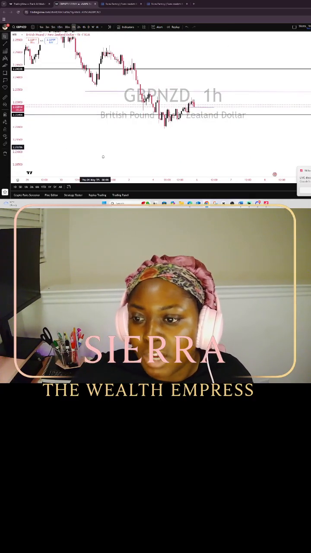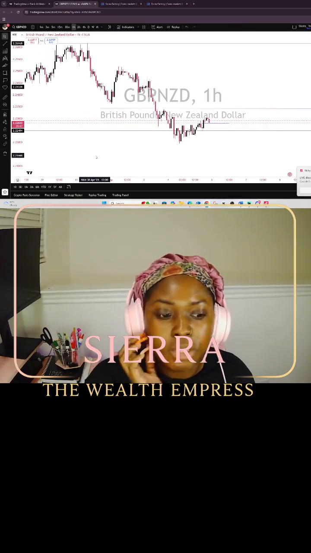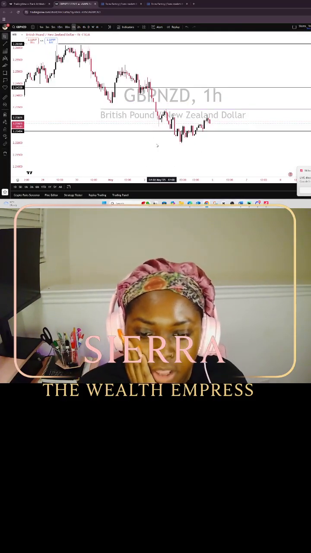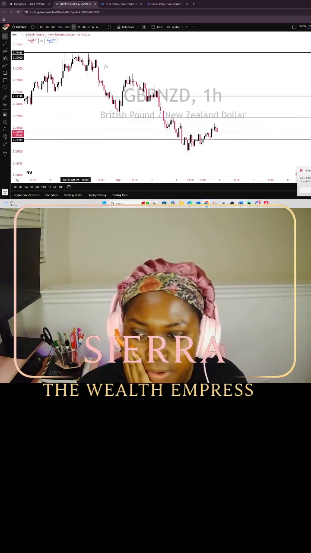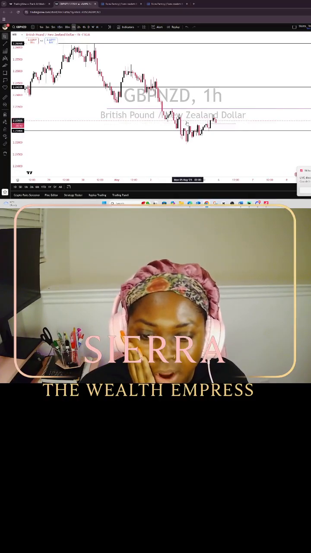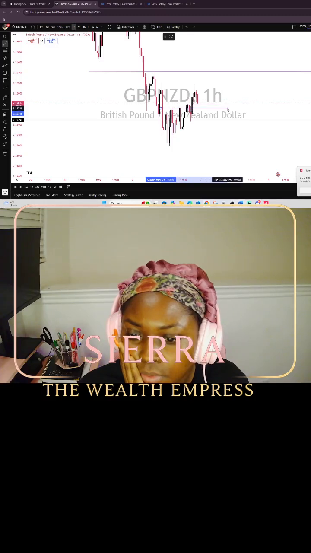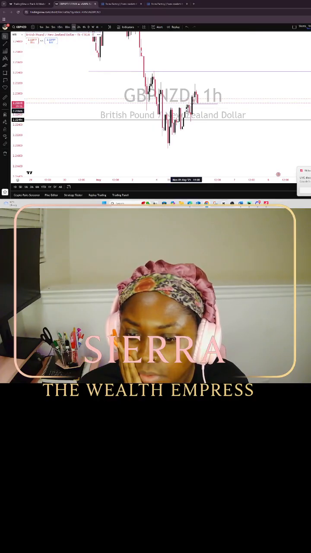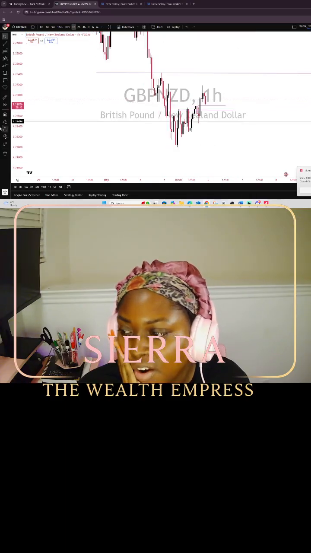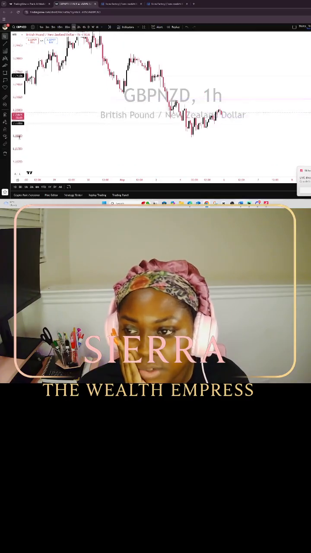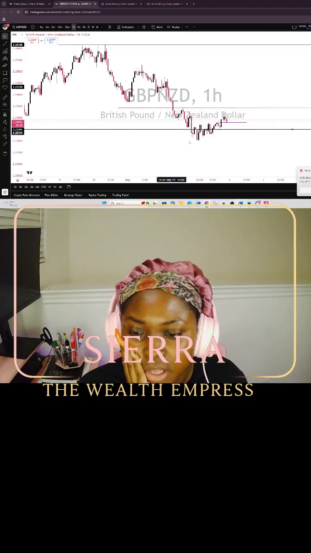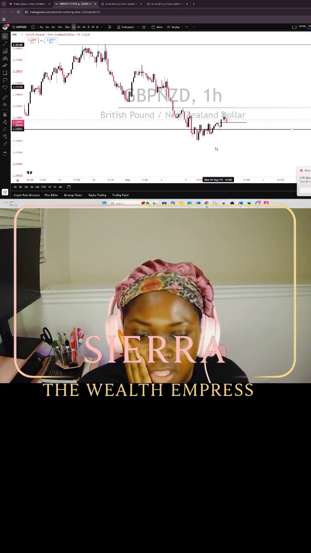So now with these CRT ranges, you want to wait for price to either run the low or the high. And in this case today, price ran our low.